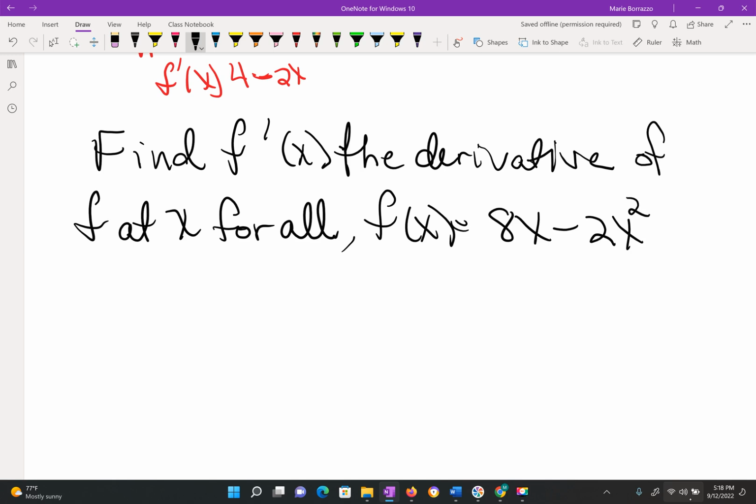You could use a 4-step method if you wish. I would recommend it. Or just find the first derivative. And then we'll go to the next example.